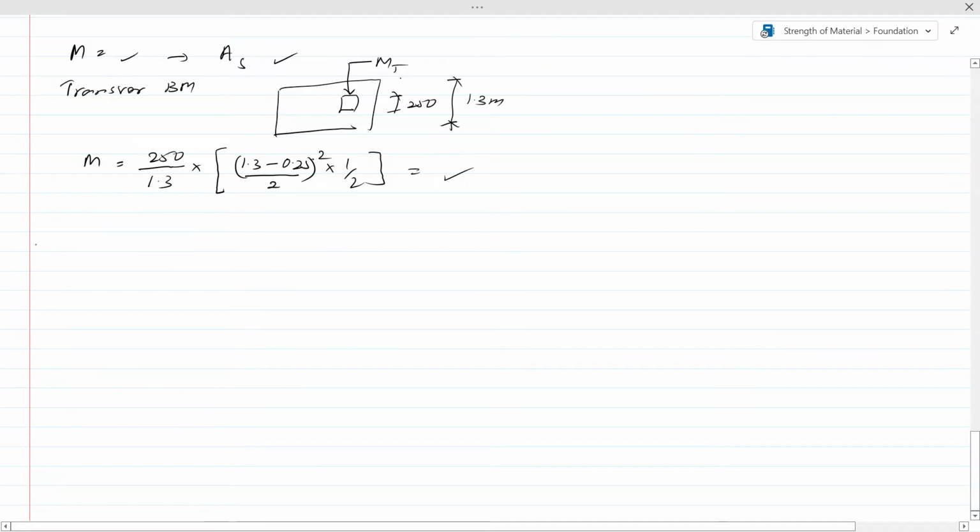Now let's see how to do the shear designs. There are two types of designs, that is punching shear and vertical line shear. We have to check these two types of shears. Right. Now vertical line shear we can calculate from the d distance of the face of the column.